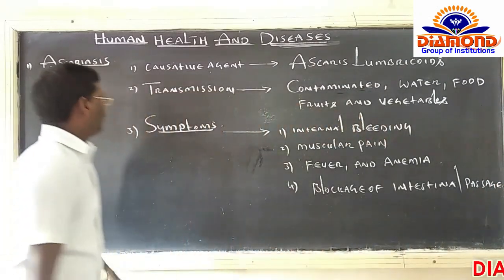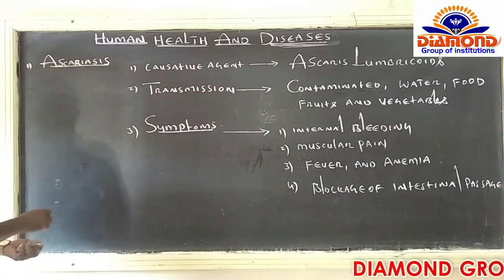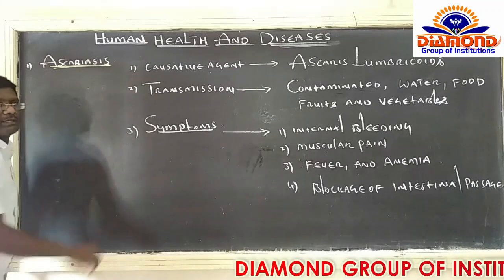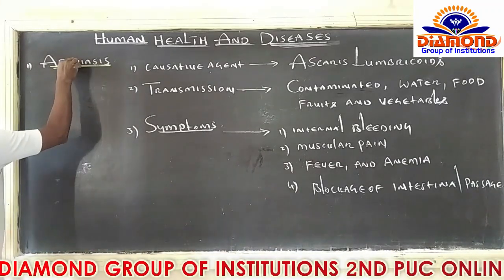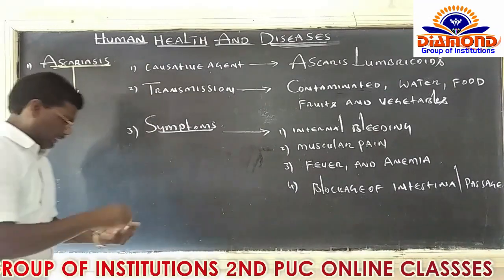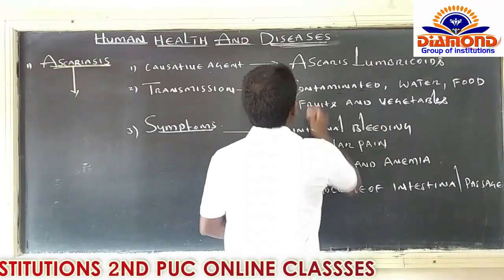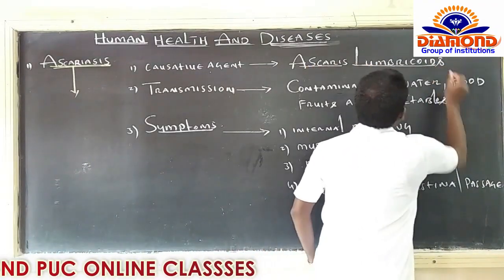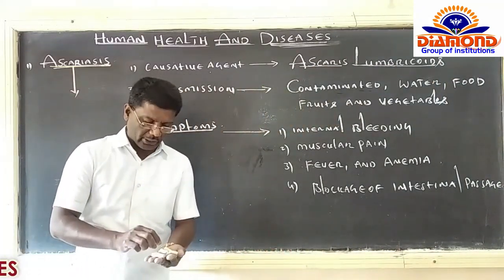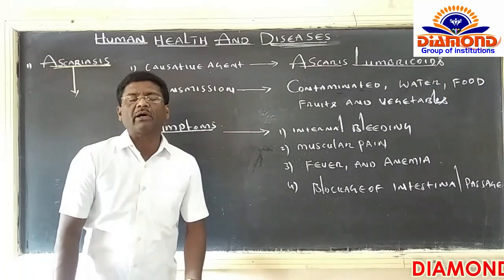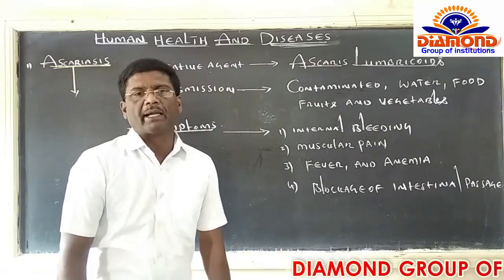Now have a look here. I made it very clear regarding ascariasis disease. Ascariasis is caused by Ascaris lumbricoides. What is actually Ascaris lumbricoides? It is a nematode parasite.